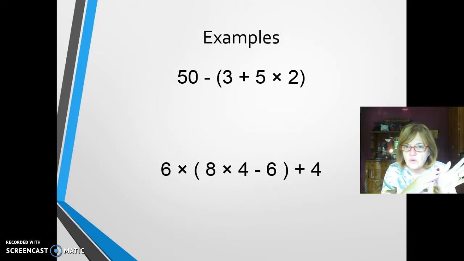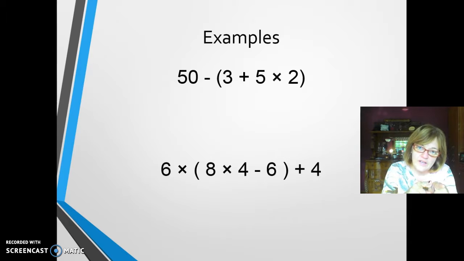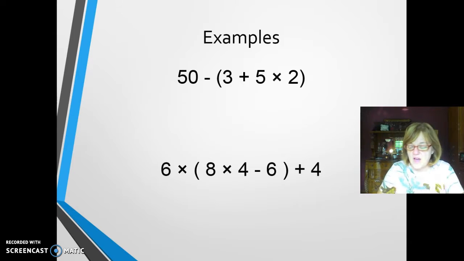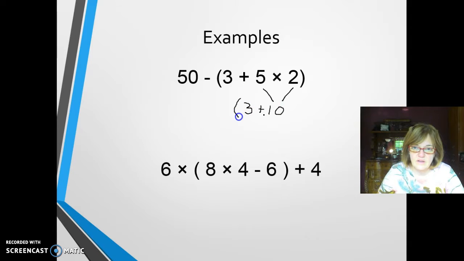We're not going to go left to right because we have multiplication and we do that before addition. So we're going to do the 5 times 2 first. 5 times 2 is 10. Then we're going to add to that our 3. And we're still within the parentheses, okay? We still want to keep them there for now until we get down to one number, okay?